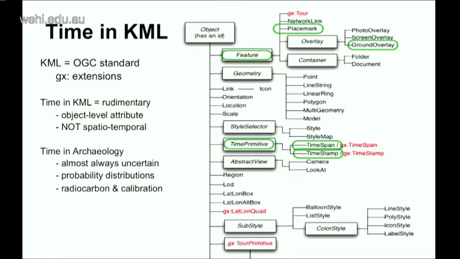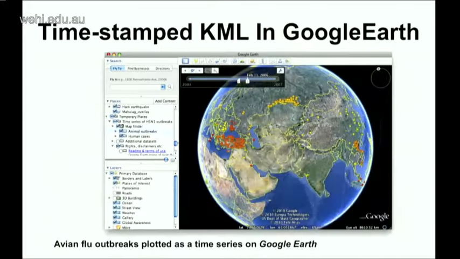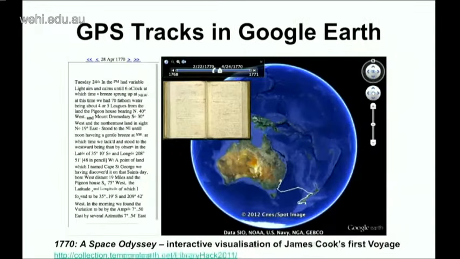You can do time span and time stamp, so you can make anything last for a certain length of time. And you can also do a track. This is an example of using the timestamps to show flu outbreaks. So this is an animation through time of where the avian flu travelled around the world. And then there are GPS tracks, which were really aimed at people just cycling around with a GPS on them.